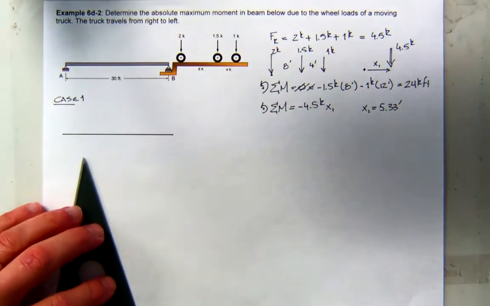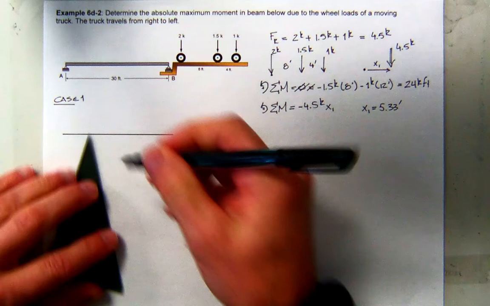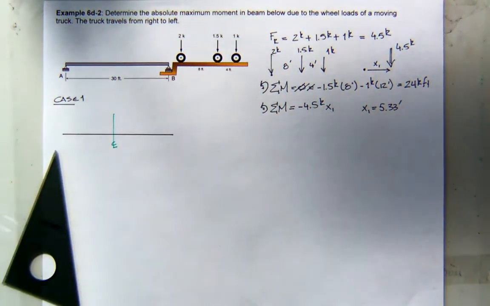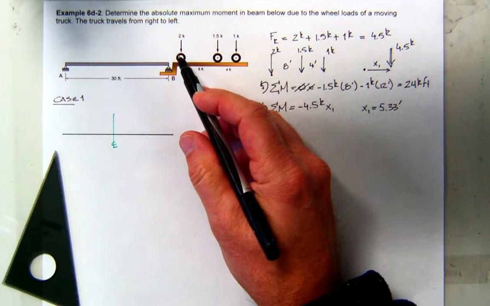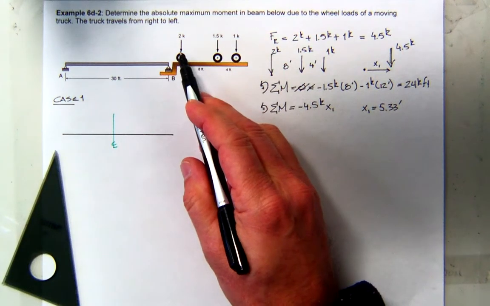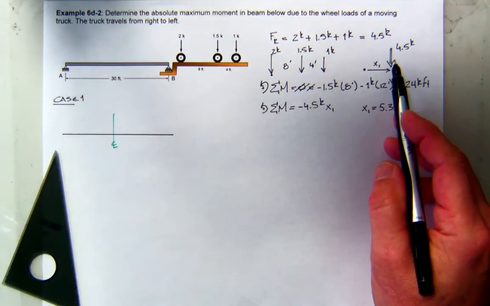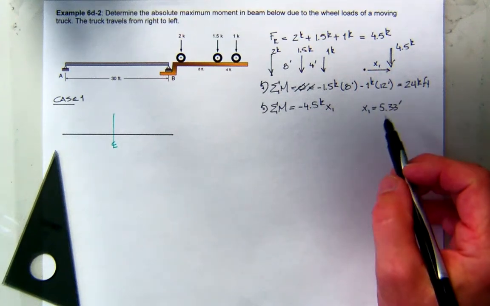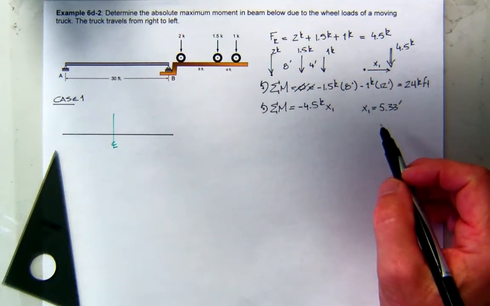Here it is. I'm going to imagine the center line. And I'm going to now start with the 2 kip force. So what's the distance between the 2 kip force and the equivalent force? It looks like it's 5.33. So I'm going to cut that in half and balance it.